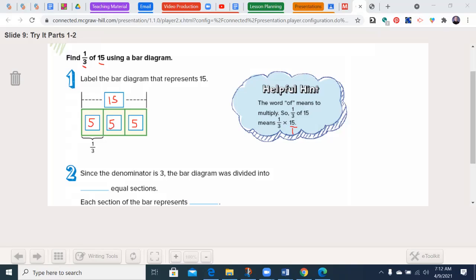You're right if you said 5. So now I have, since the denominator is 3, the bar diagram was divided into 3 equal sections, and each section of the bar represents 5. So this is step 2. 3 and 5. Make sure this is all written in before we move to step 3.